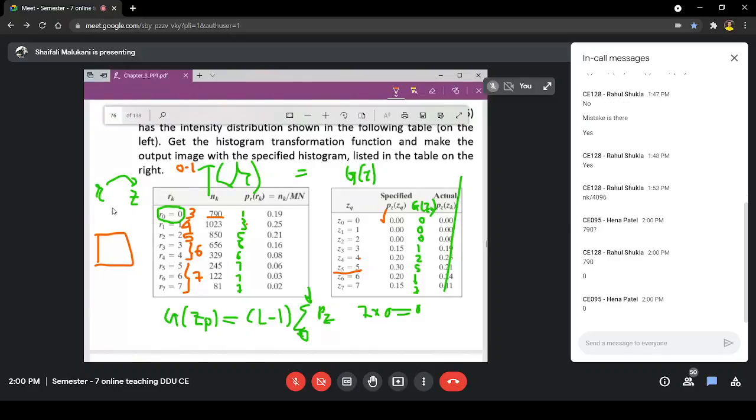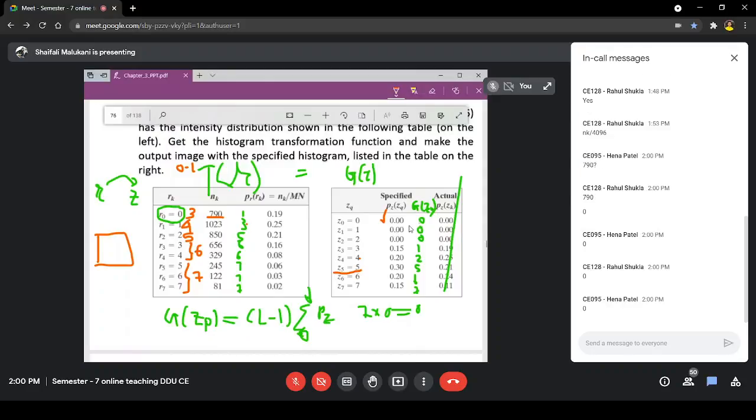So what is the probability of occurrence of 0 to 2? It is also 0. That is what we wanted and that is what we obtained, right?